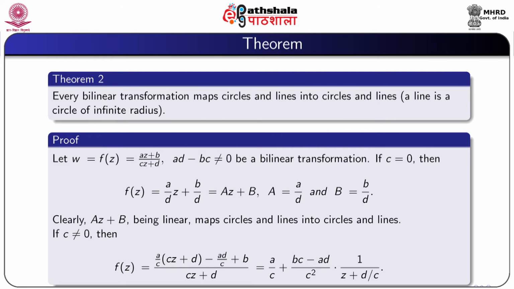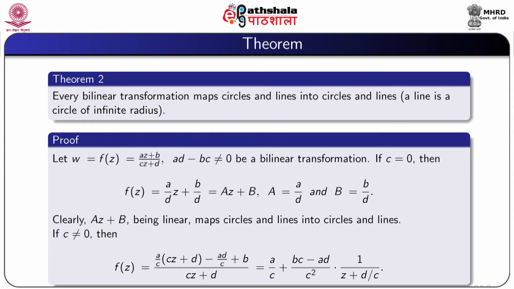If C equal to 0, then we obtain F(z) equal to (A by D) z plus (B by D), that is equal to capital A z plus capital B, where capital A equal to A by D and capital B equal to B by D.